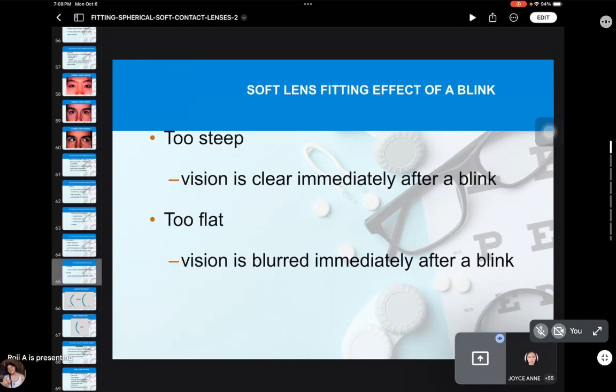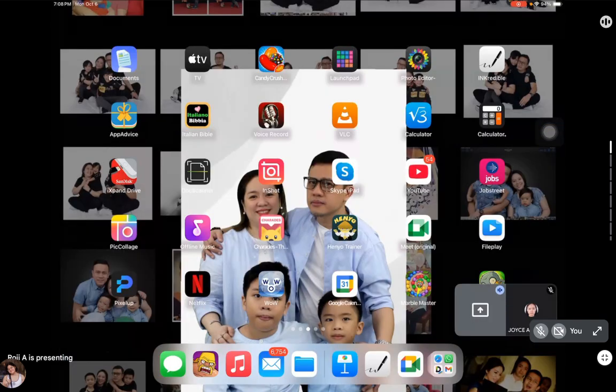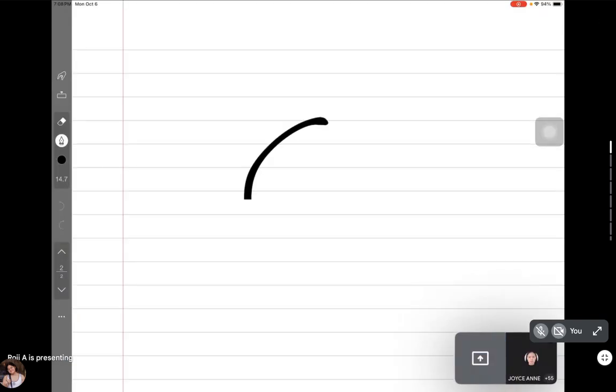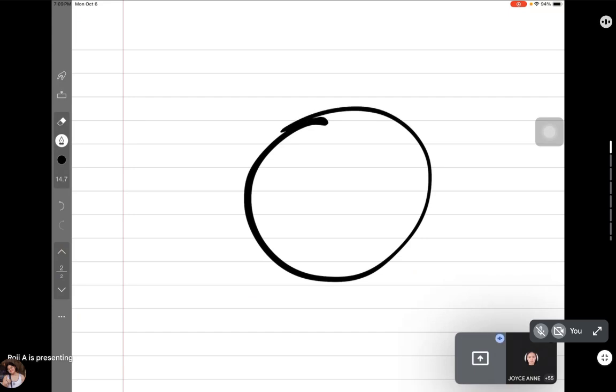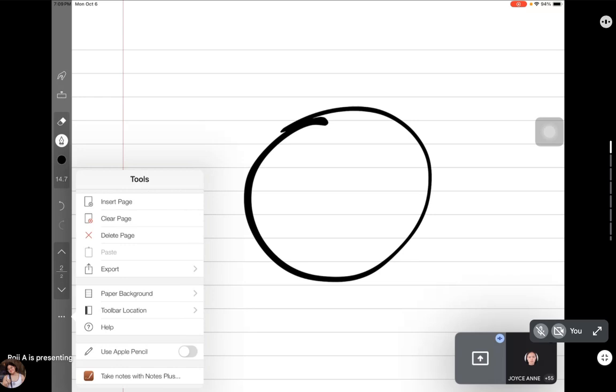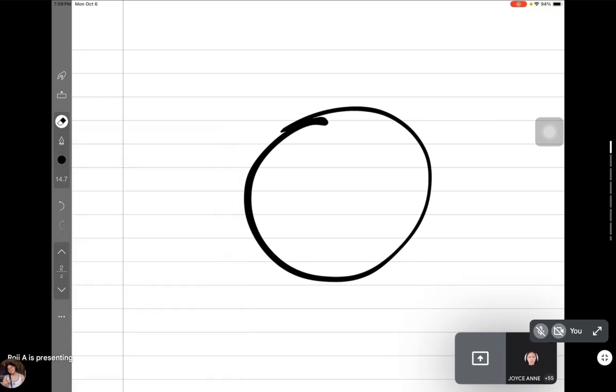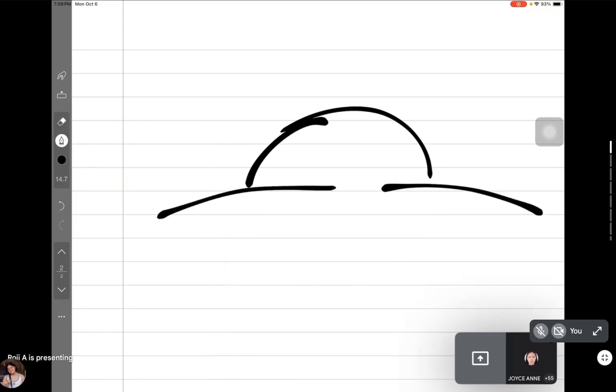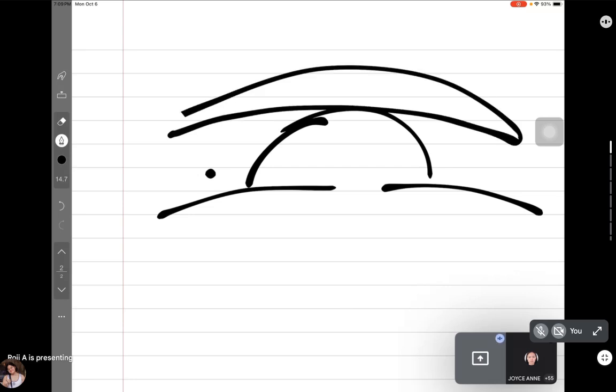Okay, too steep means not a good fit. Vision is clear immediately after blink. If it's too flat, vision is blurred immediately after blink. Why? As simple as this. Take a look at this. If your fit is too flat, what happens?